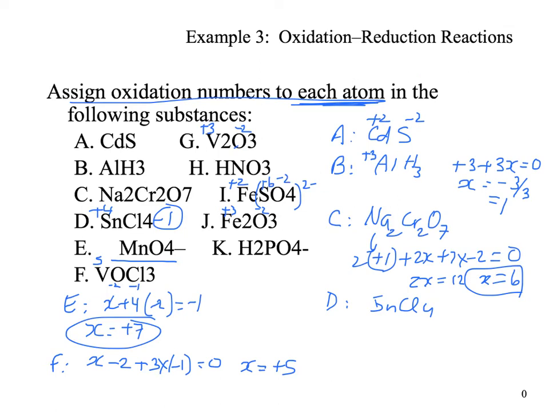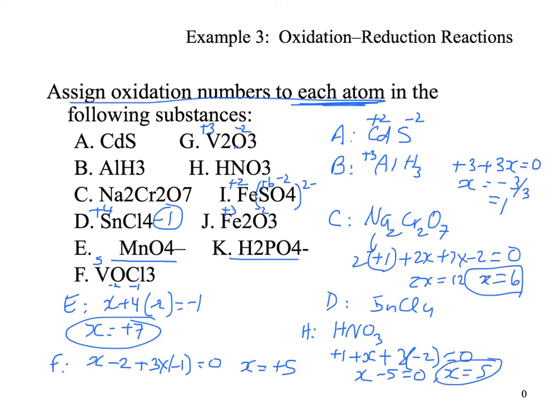HNO3, let's do that one. So hydrogen is 1, nitrogen is what I'm seeking. 1 plus x plus 3 times -2 is 0, so x minus 5 is equal to 0, or x is equal to +5.